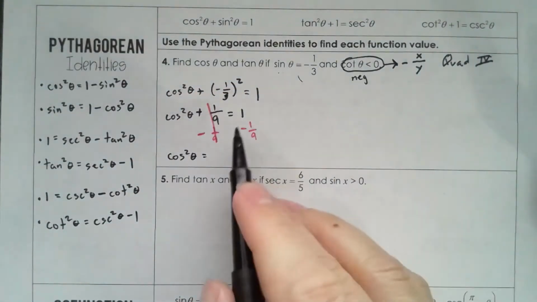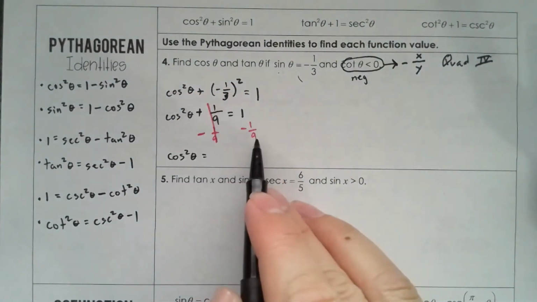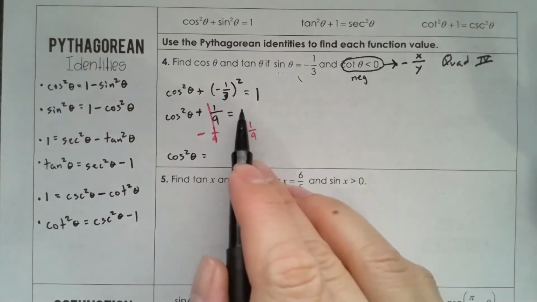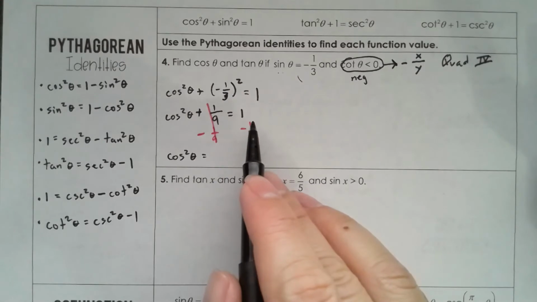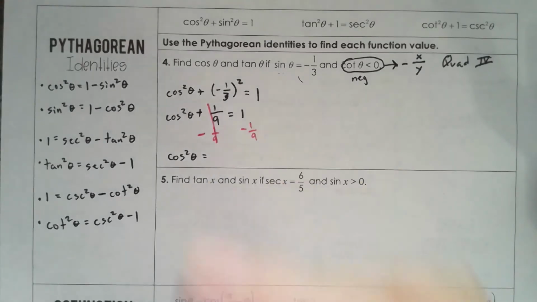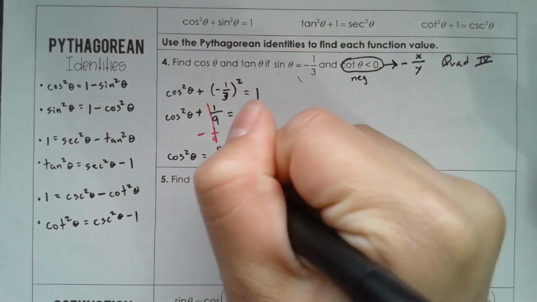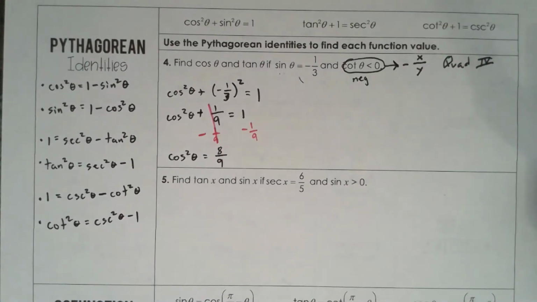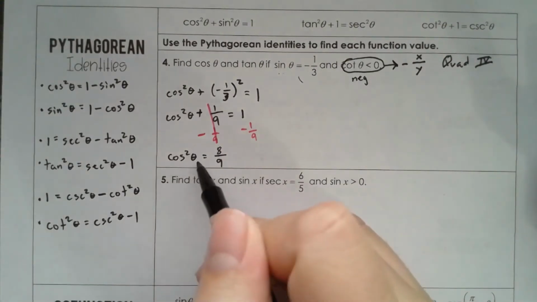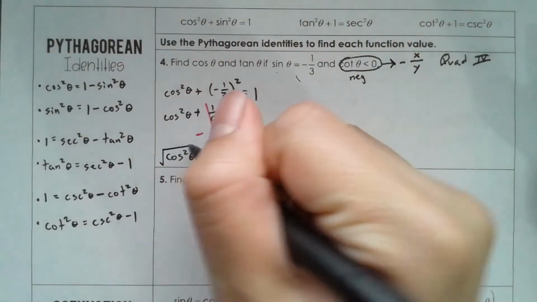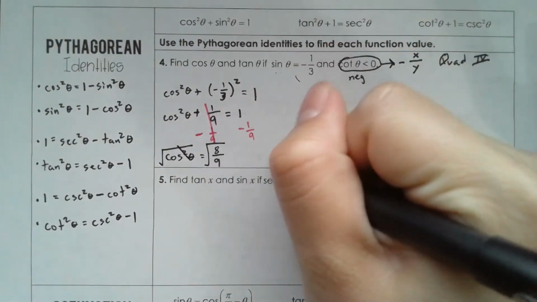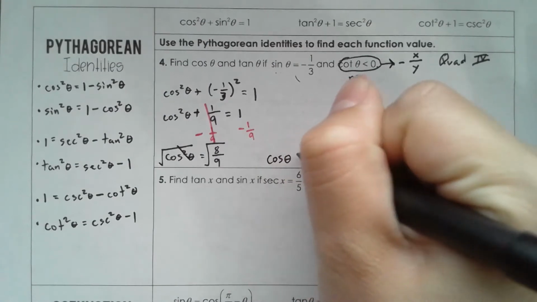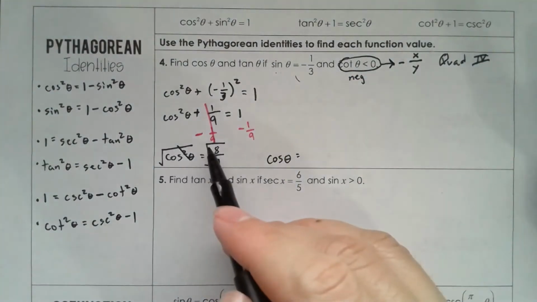If you have one whole, and one whole represents 9 pieces, and you eat one piece, you're left with 8 out of 9 pieces. This is cosine squared theta, so I have to take the square root. Cosine theta is equal to the square root of 8 over the square root of 9. Square root of 9 is 3.